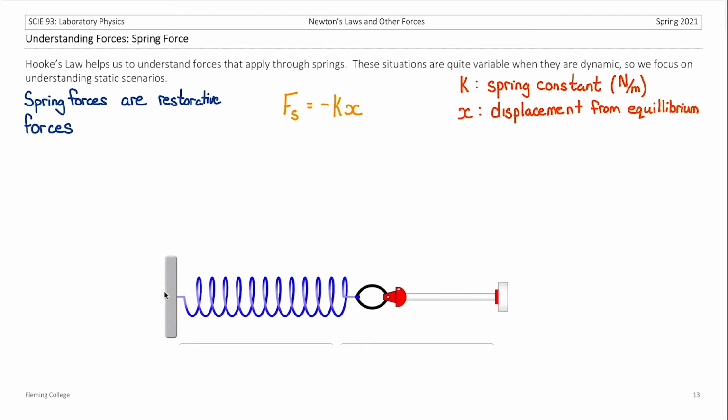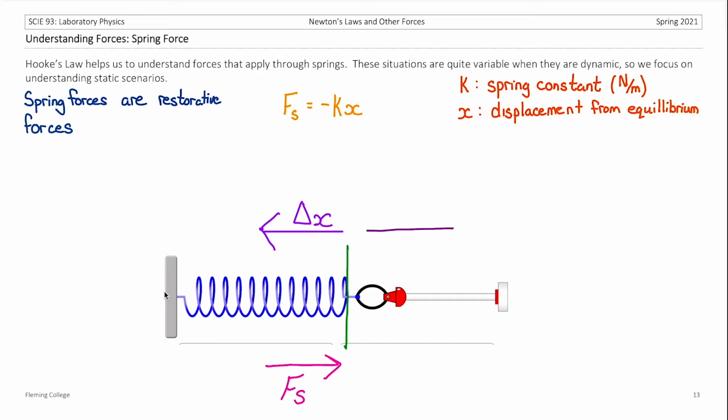So if we consider a spring with an equilibrium point, if we compress that spring, meaning that we push on it to shrink the distance of the spring, as we push in on that spring, the force tries to push back against us to bring the spring back to its equilibrium point.